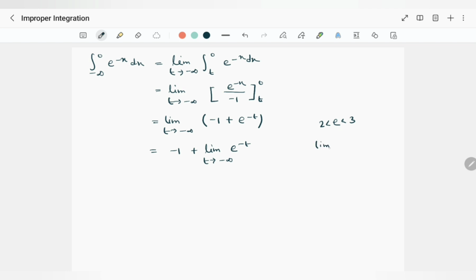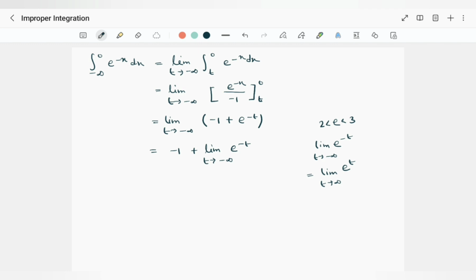Now this limit e to the power minus t, t tends to minus infinity, is equivalent to limit t tends to infinity e to the power t, because we are taking t equal to minus t, then the limit goes from minus infinity to infinity.